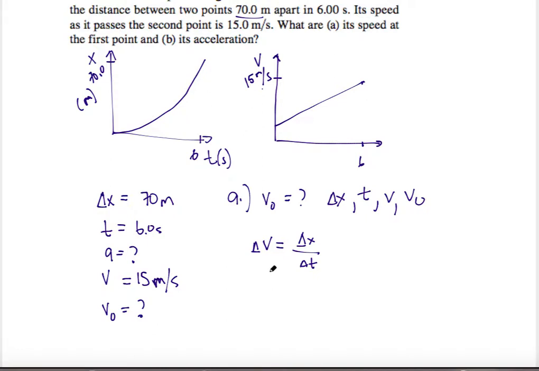If I rearrange this, I will see that v minus v naught is equal to delta x over t. And then if I'm looking for v naught, a little rearrangement gives me v minus delta x over t.